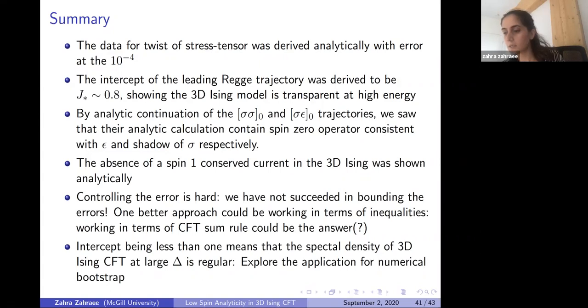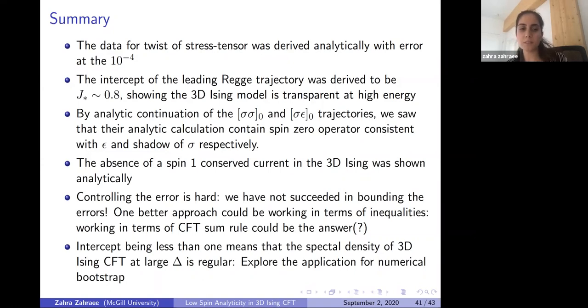If you have gauge theory, QCD, or holographic CFTs, you wouldn't expect this transparency because you have effective Regge particles of spin 1 and 2. However, for scalar theories, it's kind of expected.